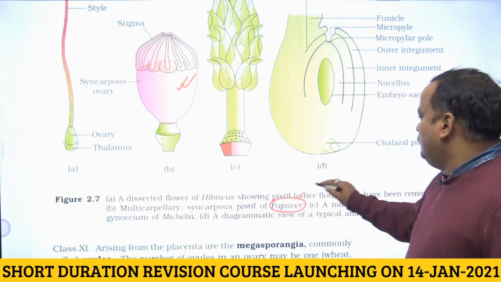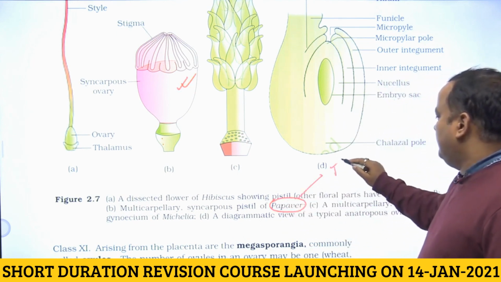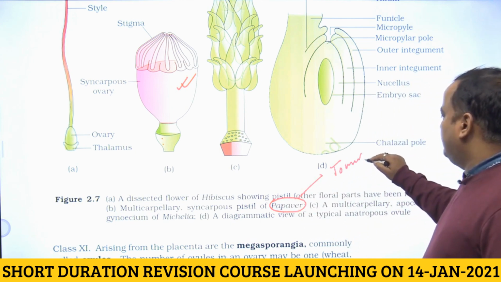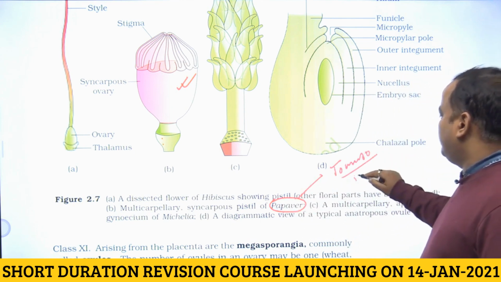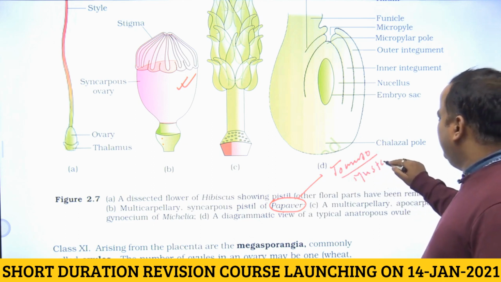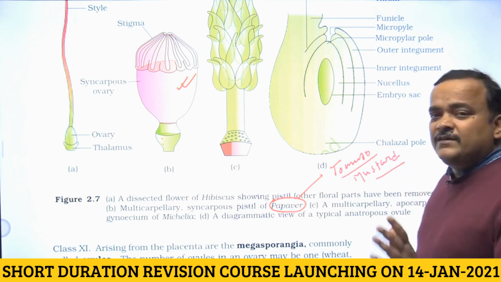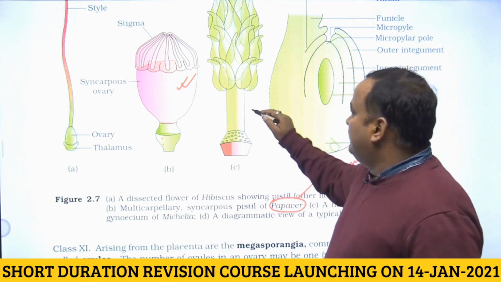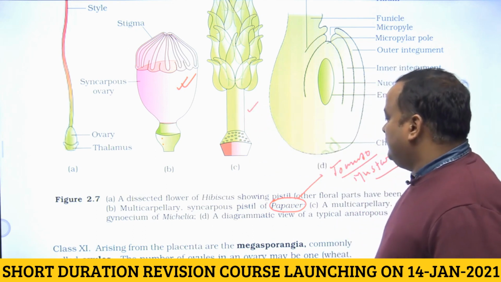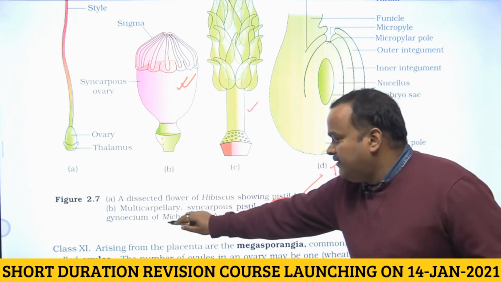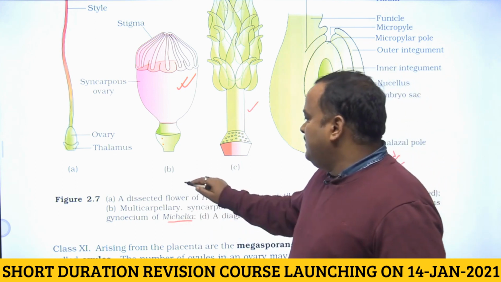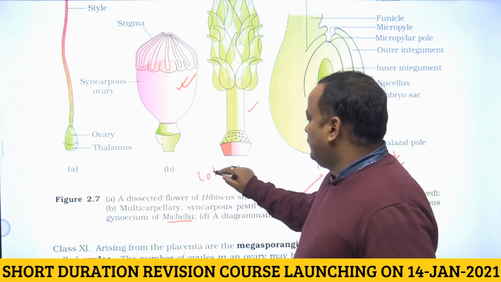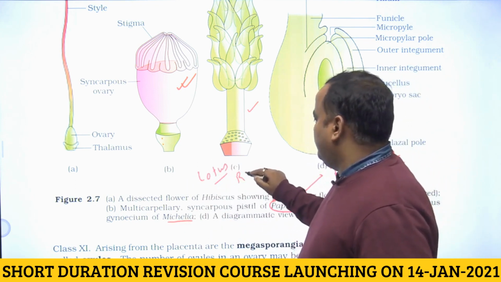Apart from Papaver, there are two more examples you have to remember, that is tomato and mustard. There are various examples, but these are the examples mentioned in NCERT. Then this is the apocarpous condition which you observe in the case of Michelia, that is champa. Apart from Michelia, you will observe this in lotus and rose.